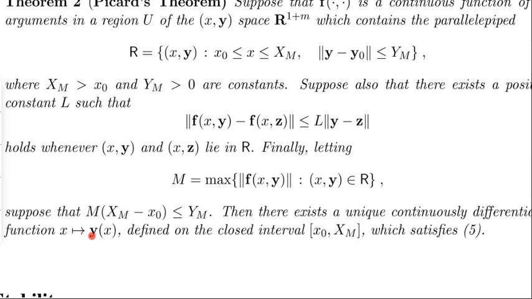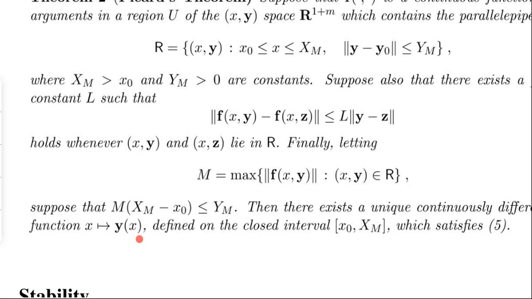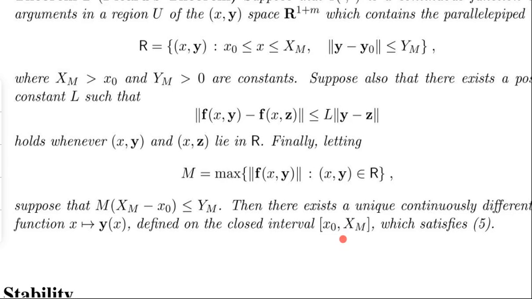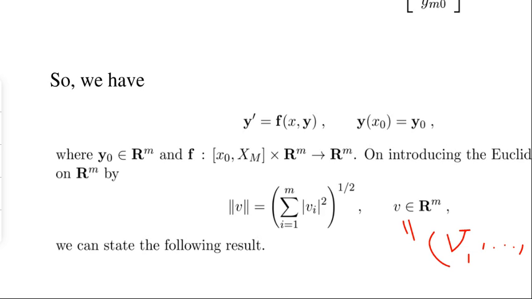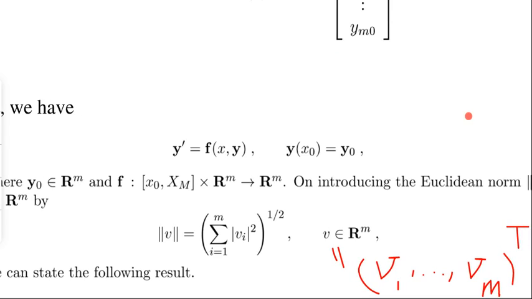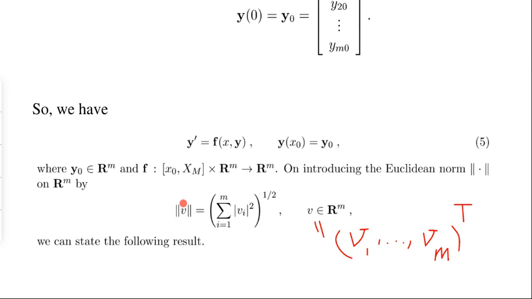Now, our hypotheses are complete, and this is the result of this extended Picard theorem. There exists a unique continuously differentiable function y defined on the closed interval x0 to xm, which satisfies the problem 5 in this form.